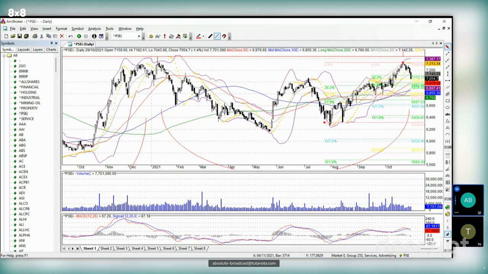I mean, the fast line crossed below the slow line. So, this one is a bearish indicator. Although it may be short term, what it's telling us is you should expect a little more retracement if it so happens na tumuloy. Yan ang nakikita natin.